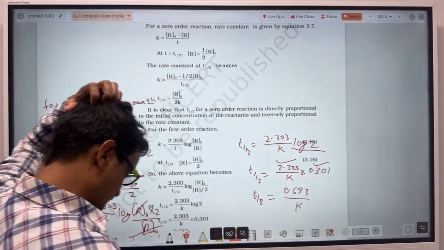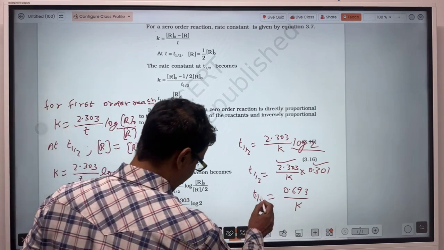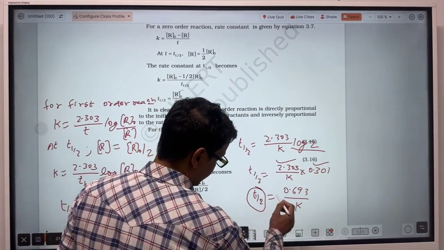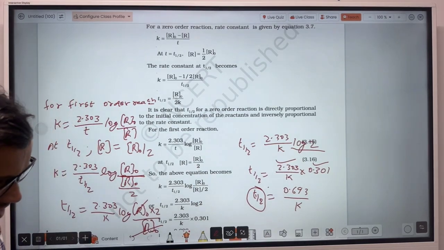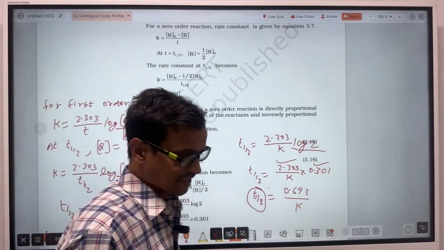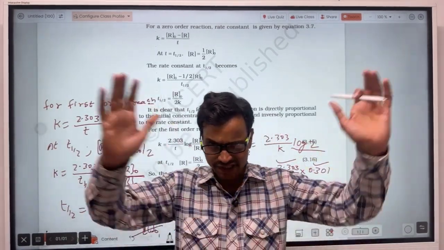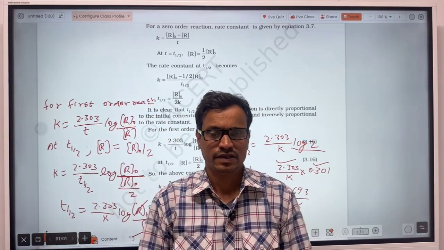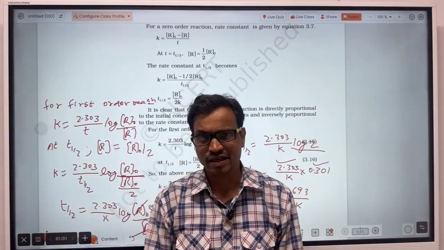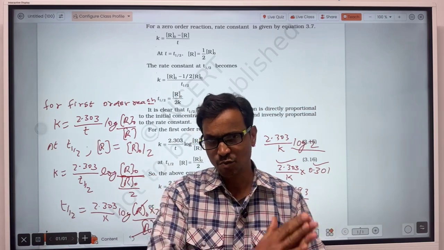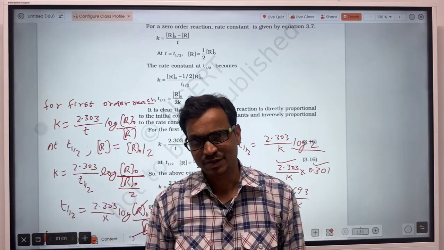And watch out, the half-life period is independent of the initial concentration of reactant. In case of zero order reaction, the more the initial concentration of reactant, the more the time period.